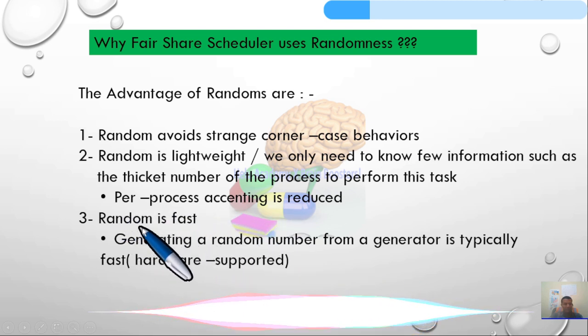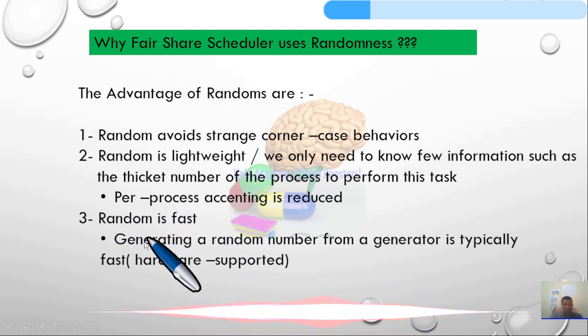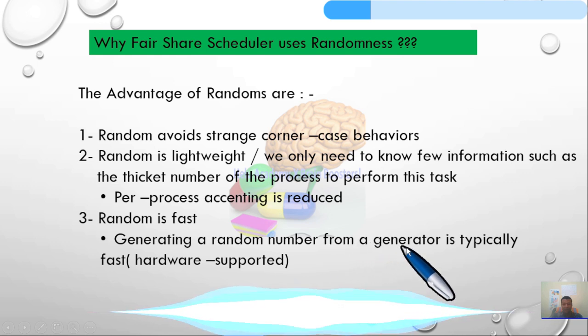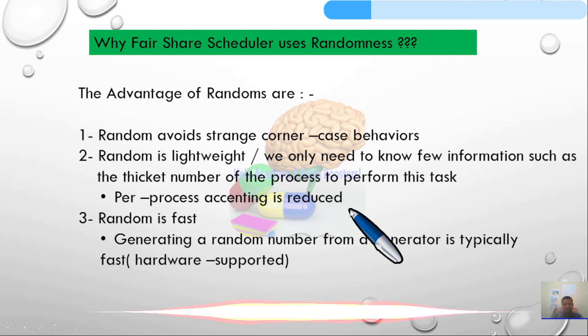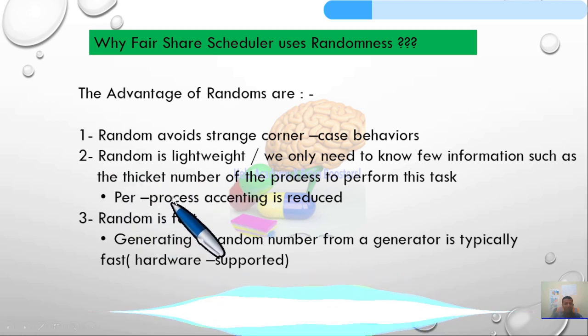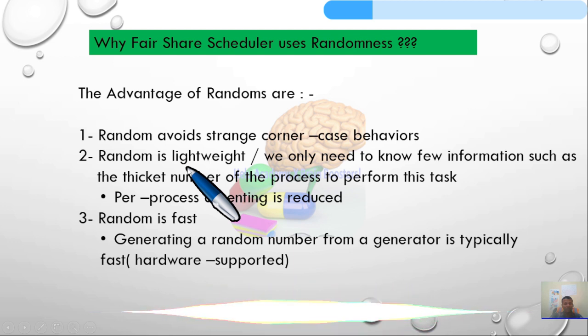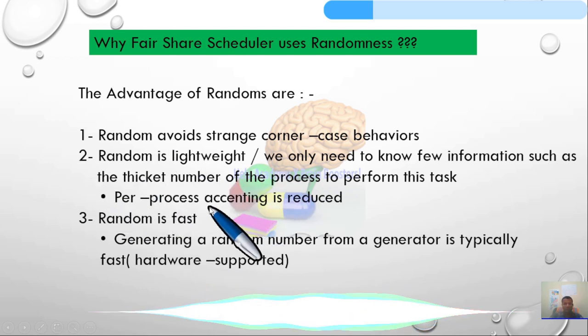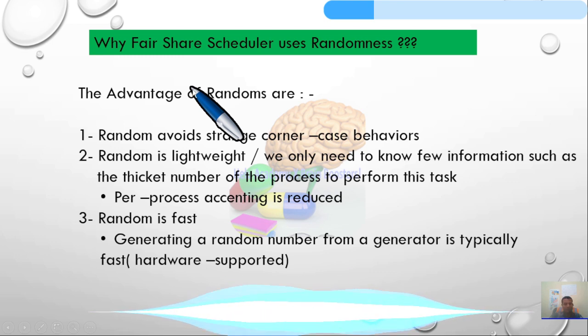Third, randomness is very fast. Generating a random number is typically fast, and it can be hardware supported as well. I provided only three advantages, but there might be others. These are the critical advantages expressed in the textbook, and I advise you to revisit the notes as well. That's why lottery scheduling uses randomness.